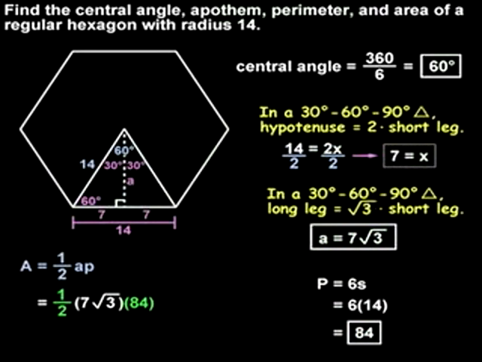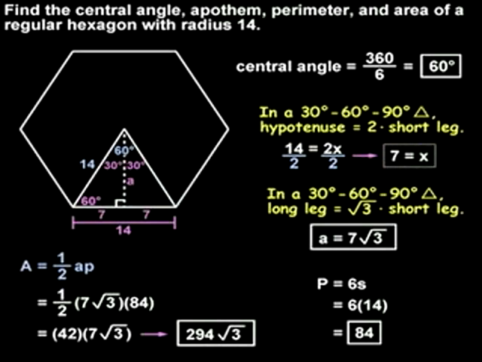Simplifying from here, I would first multiply the 1/2 times the 84, which is 42, so we have 42 times 7 root 3, which simplifies to 294 root 3. So the area of a regular hexagon with radius 14 is 294 root 3.